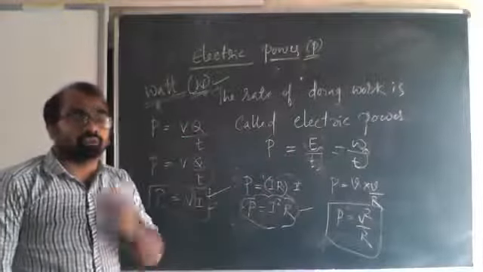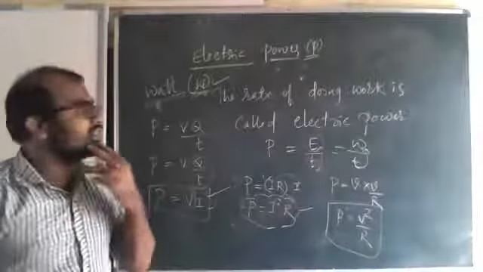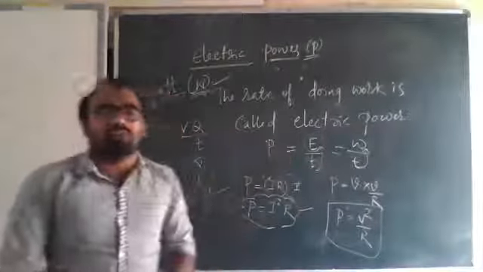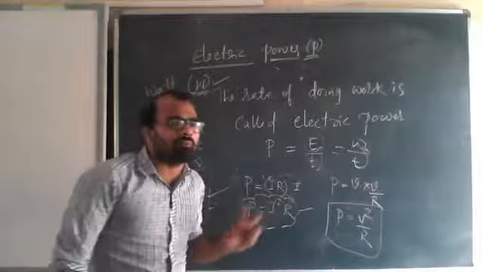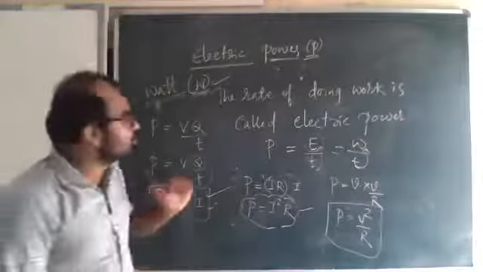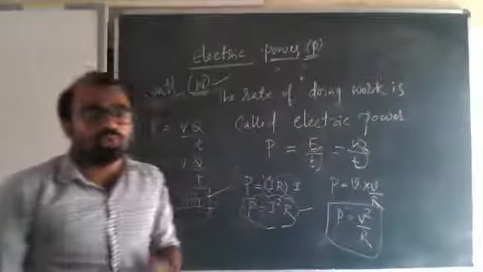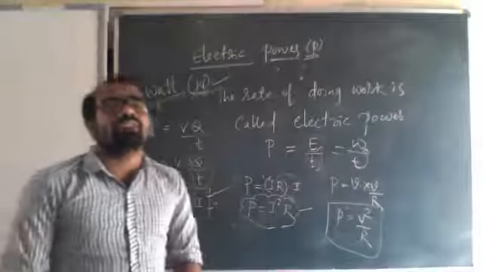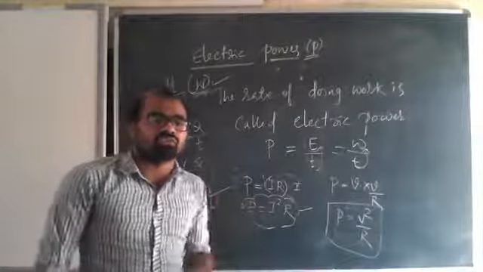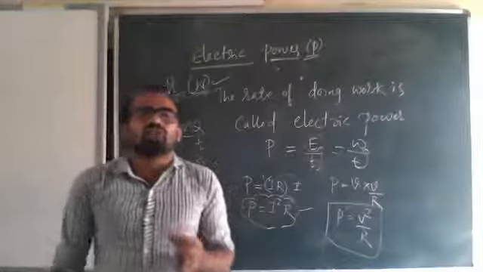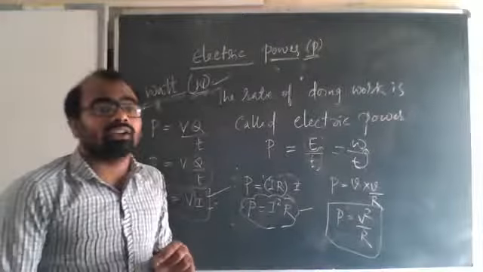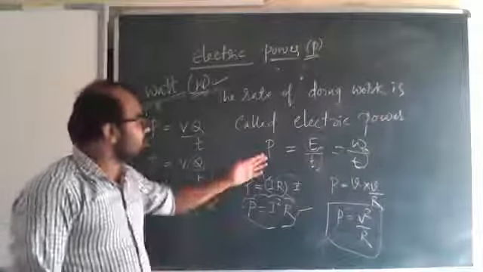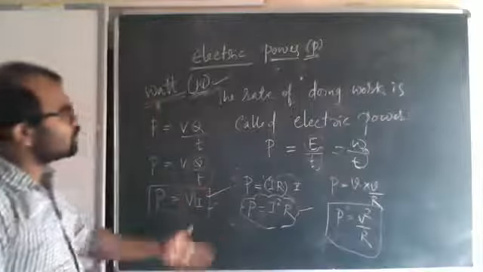But in our daily life, the joule is a very small unit. So for commercial use we will not use joules. We use another unit called kilowatt hour for the measurement of electrical energy. We will see that.